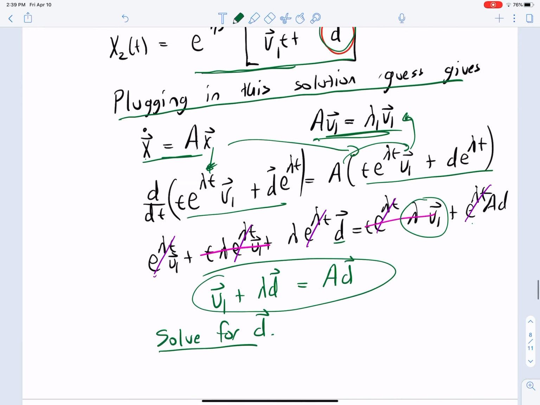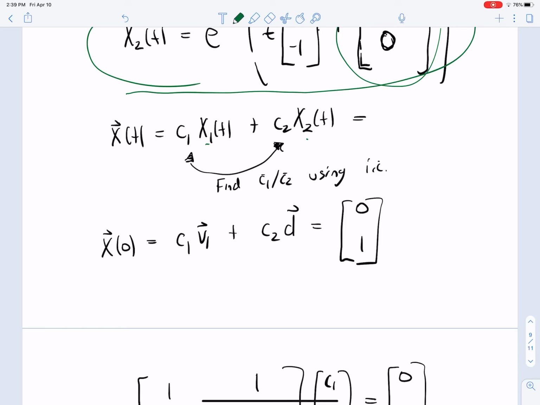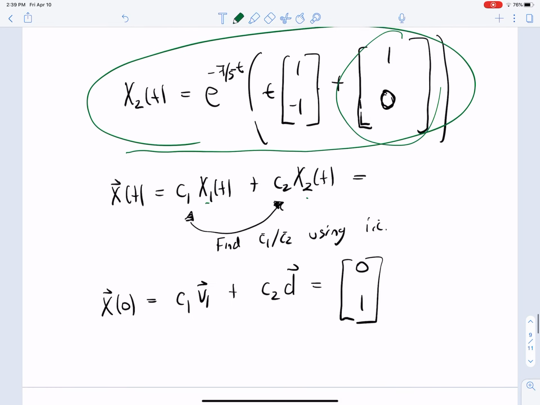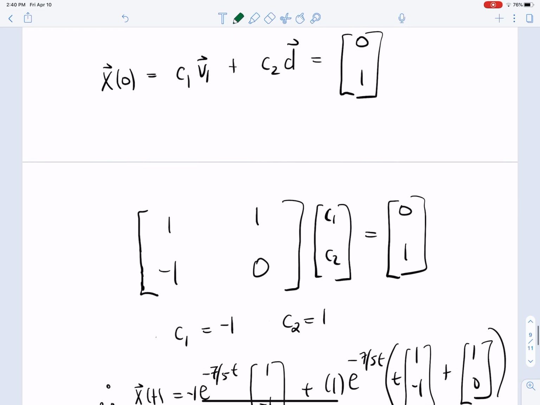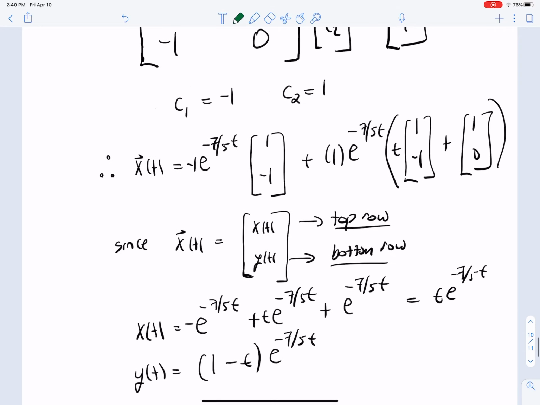Well, then let's find those coefficients C1 and C2 that give us that. So when you plug in t equals 0, you're going to get pretty simple because e to the 0 is 1. The t of 0 is going to give you 0, so you get C1v1 plus C2d, which gives us this linear system. It's our last linear system, I promise.